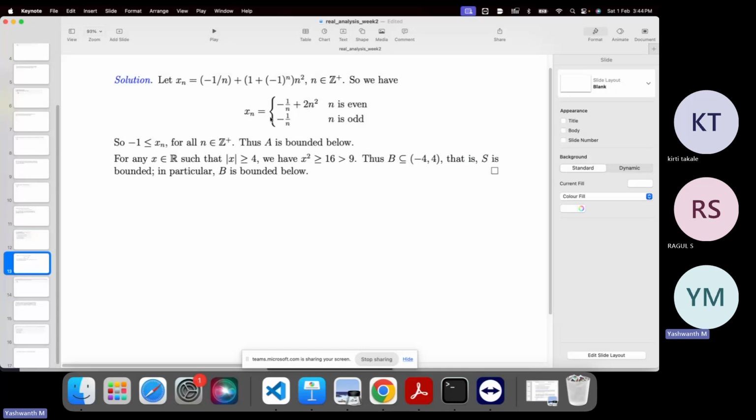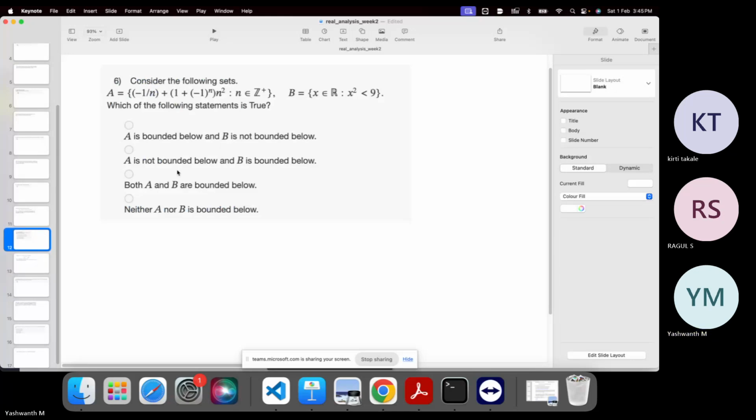But this sequence is bounded below because every other number is bigger than minus 1, because you keep adding minus 1 plus something. And this also goes to 0, which is again greater than minus 1 as n increases. So this is the key reason. So both A and B are bounded below.